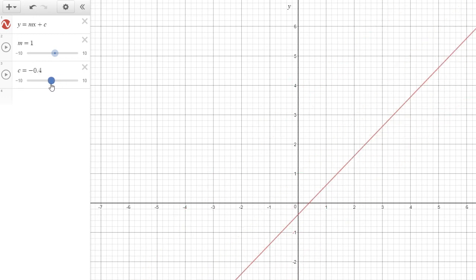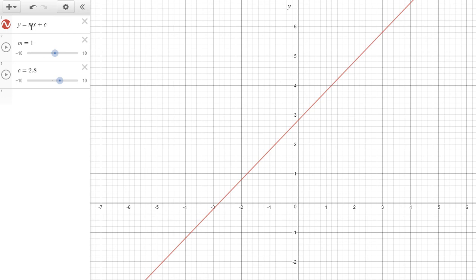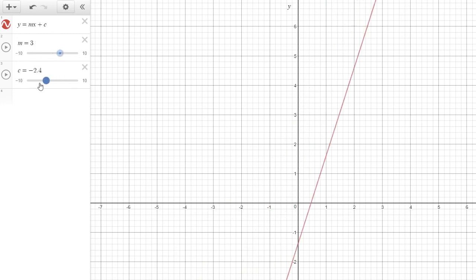Okay, so it means that we can use these two values, m, which is the gradient, and c, which is the point where it passes the y-axis, in order to define every single possible line. So let's say, for example, we'll just slide it at random. That's going to be the line y equals 3x minus 2.6.